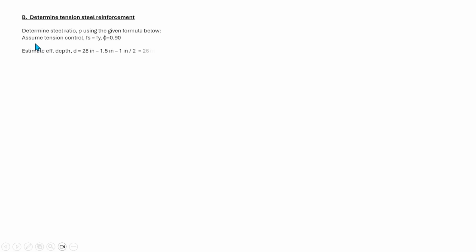Now part B, determine the tension steel reinforcement. First of all, we need to determine the steel ratio using the formula below. We have assumed tension controls, so that fs is equal to fy and phi is equal to 0.9.